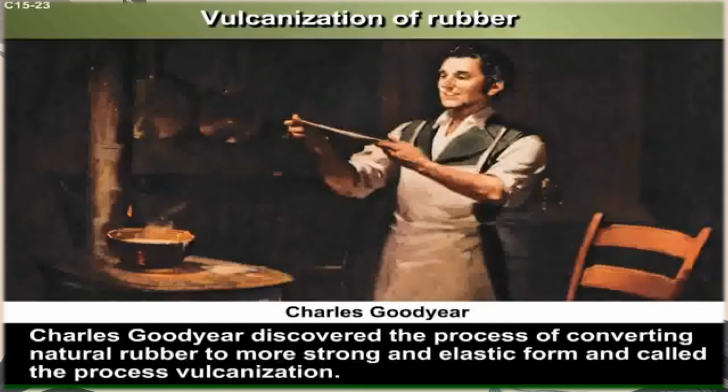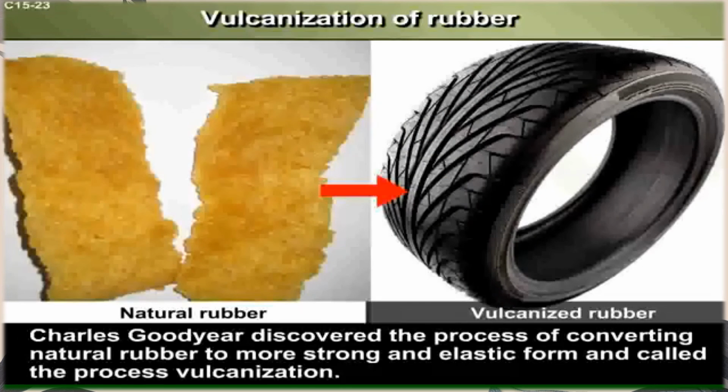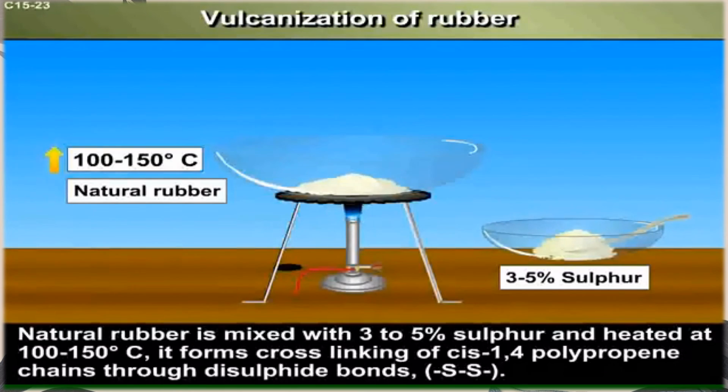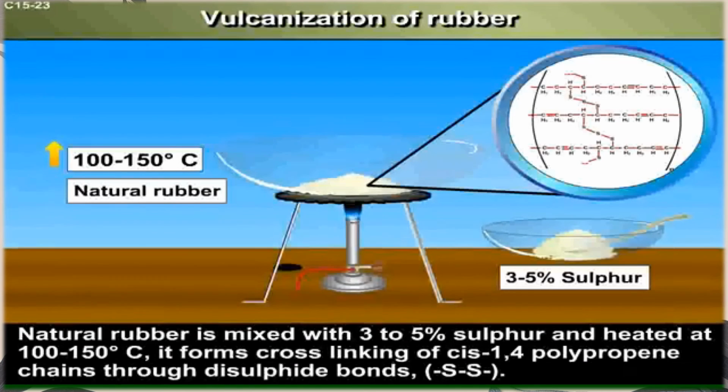Charles Goodyear discovered the process of converting natural rubber to a stronger and more elastic form and called the process vulcanization. Let me explain how it is done. Natural rubber is mixed with 3 to 5% sulfur and is heated at 100 to 150 degrees Celsius. It forms cross-linking of cis-1,4-polyisoprene chains through disulfide bonds, S-S.